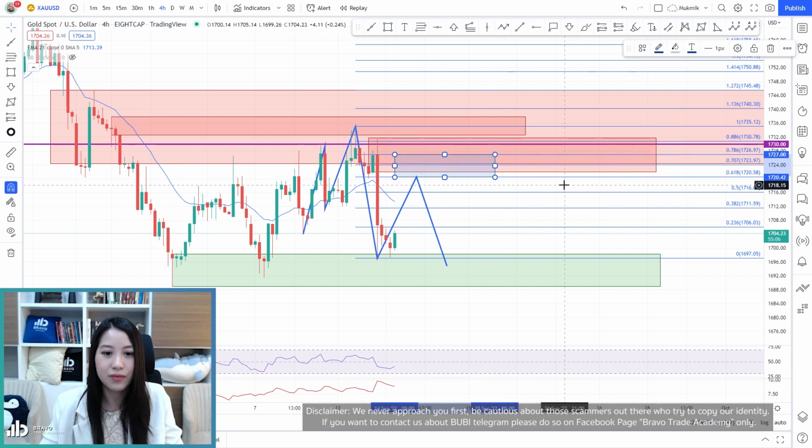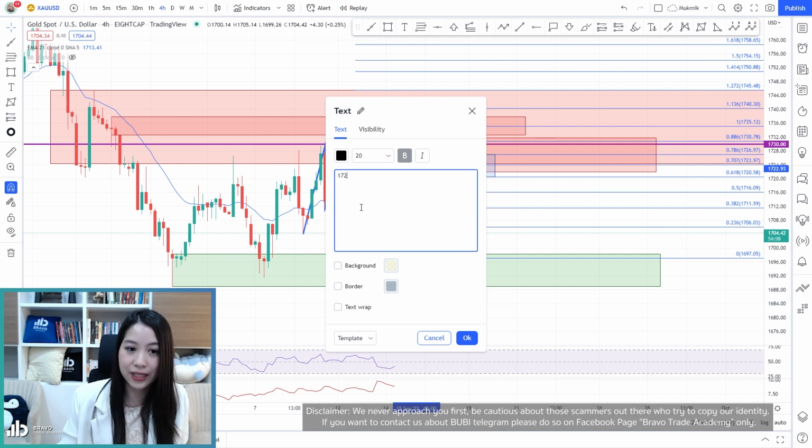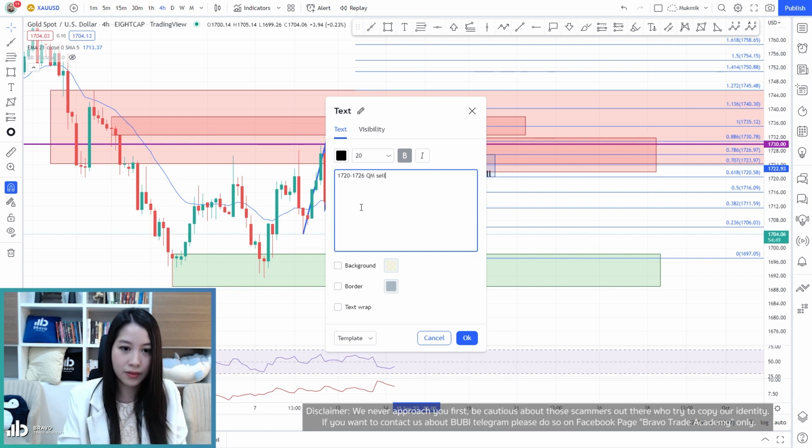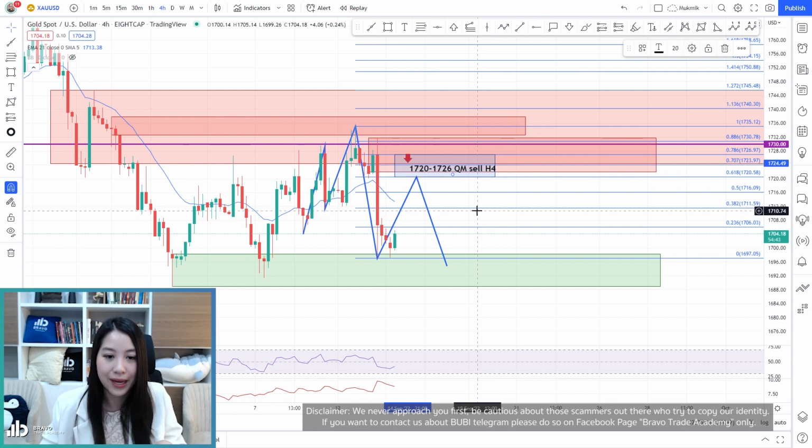Beautiful. So that's the first plan for selling. Ooh, we have our significant level at 1720 as well, between that and 1726. This is the QM sell for the 4 hours time frame. So that's really beautiful. It is going to be our major plan for today.